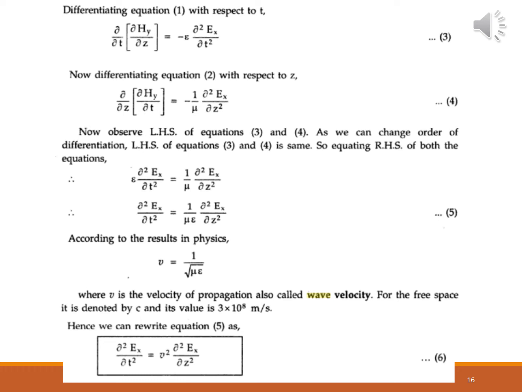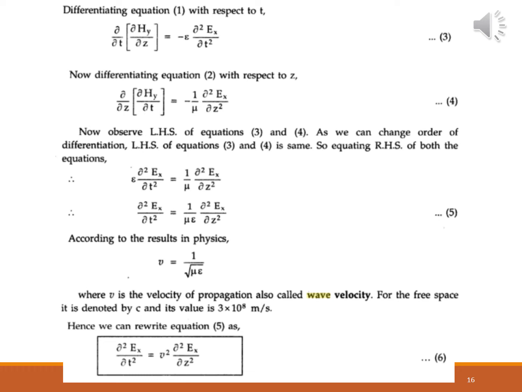Similarly, we can also write dou square Hy by dou t square is equal to v square dou square Hy by dou z square. That is, in this equation 6, you just replace the Ex with Hy. That will give you the wave equation in terms of the magnetic field. So this is the wave equation for a plane wave, or for a transverse electromagnetic wave.